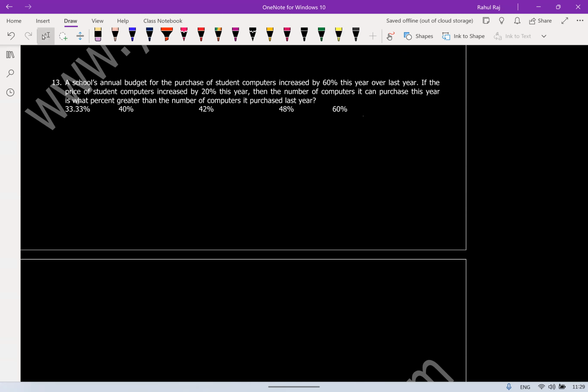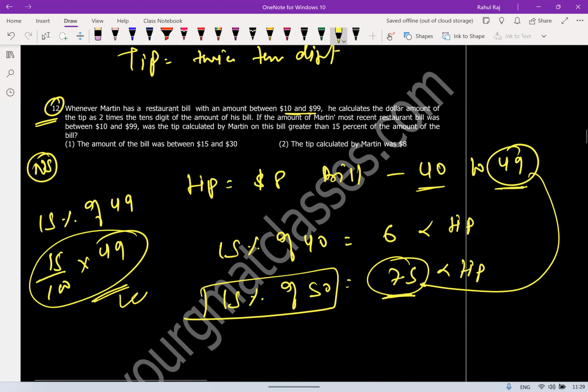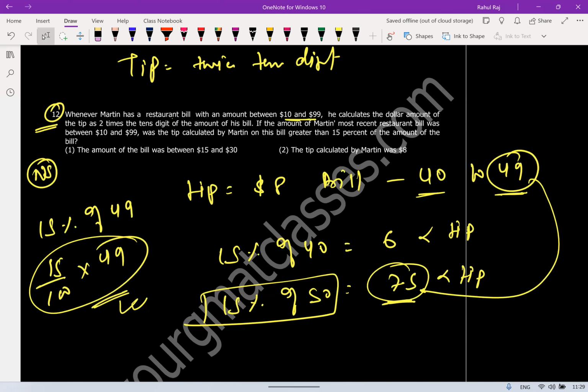Question number 13, please. Sorry. So what I did for the previous one is I calculated two into the tens value. So if it's 8, then the tens digit is going to be 4. But the bill can vary between 40 to 49 only, no?